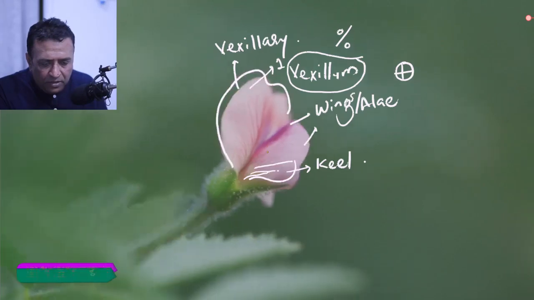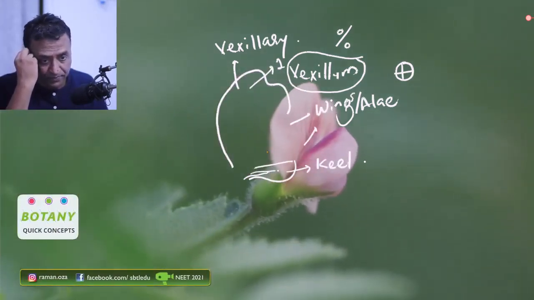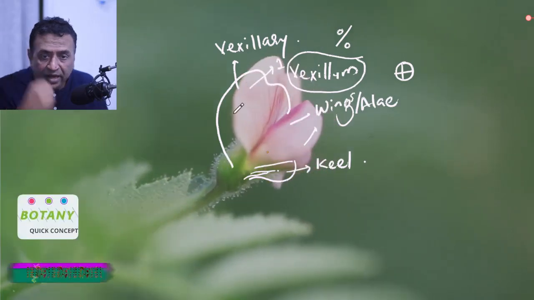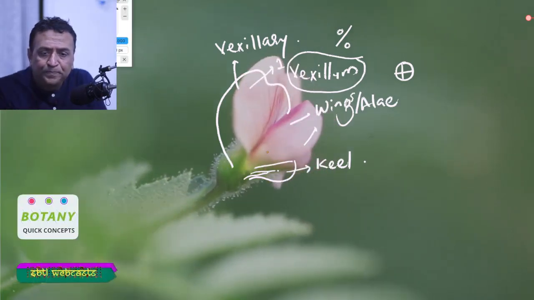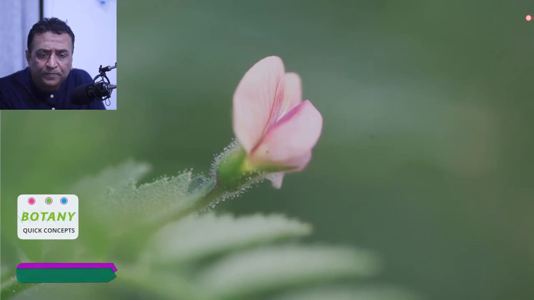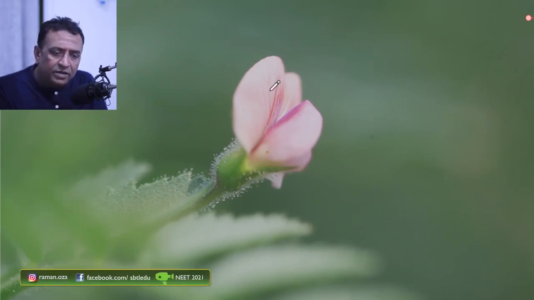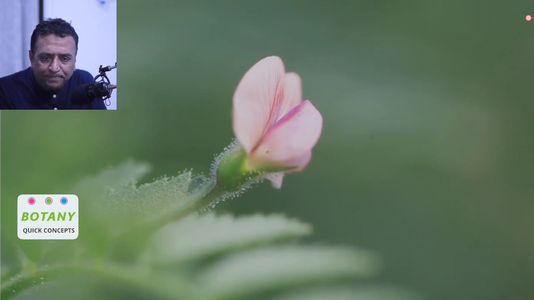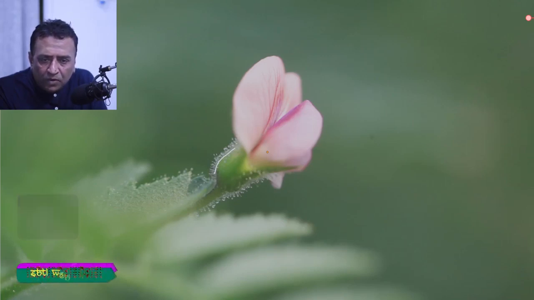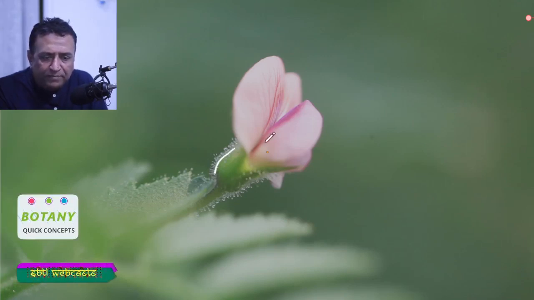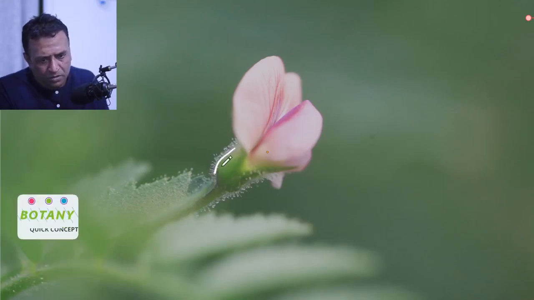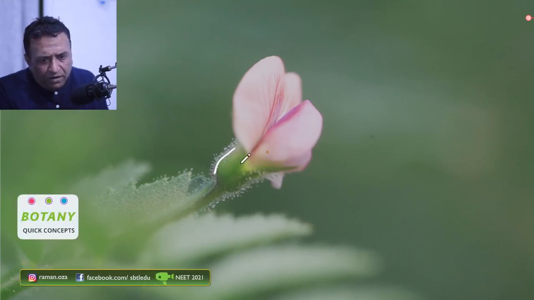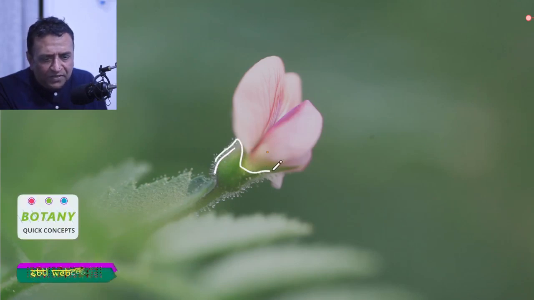See, this is how the flower looks, and here is that papilionaceous corolla. Here is actually the calyx, and this one has such a typical gamosepalous condition, means sepals are fused.